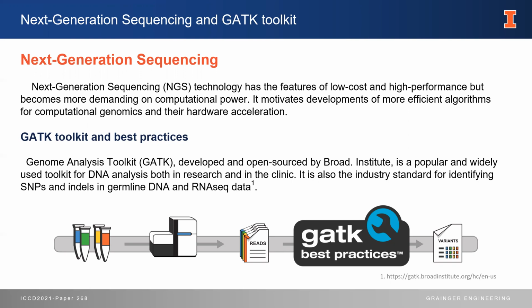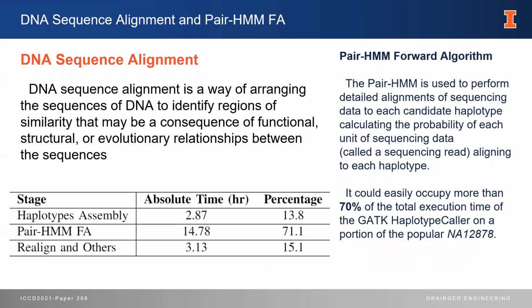GATK refers to the Genome Analysis Toolkit, which will appear a lot in this paper as well. It is open source, developed by the Broad Institute, and it's a very popular and widely used toolkit for DNA analysis. We want to look at why people are focusing on PairHMM and why we want to accelerate it, because it could easily take 70% of the total execution time of the GATK HaplotypeCaller on a portion of the NA12878 sample.